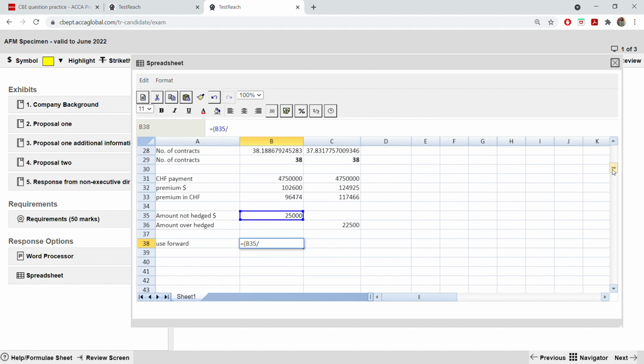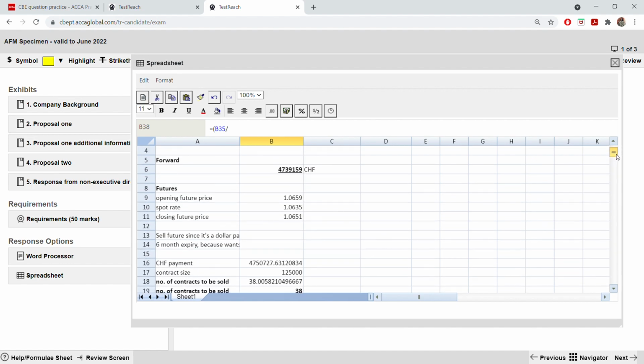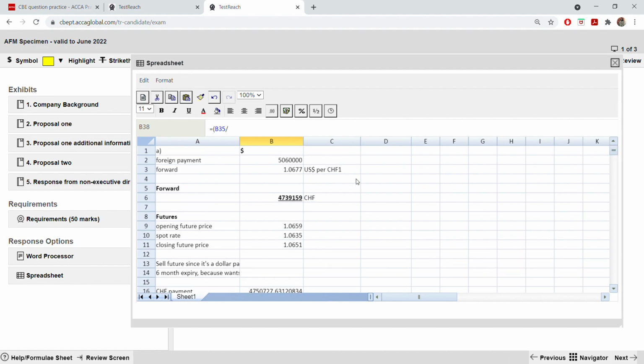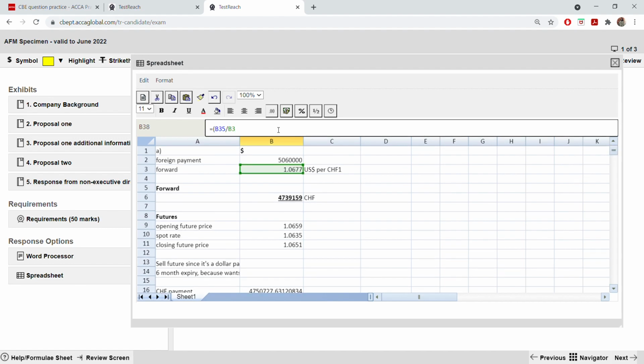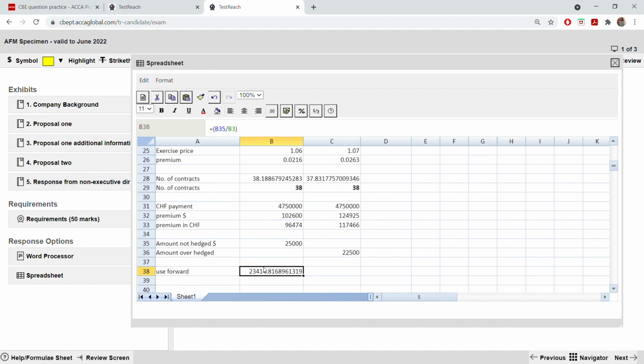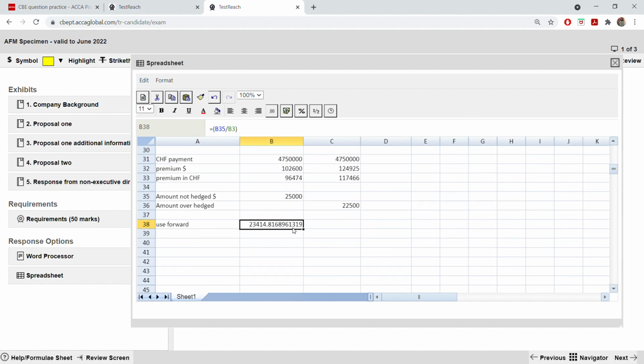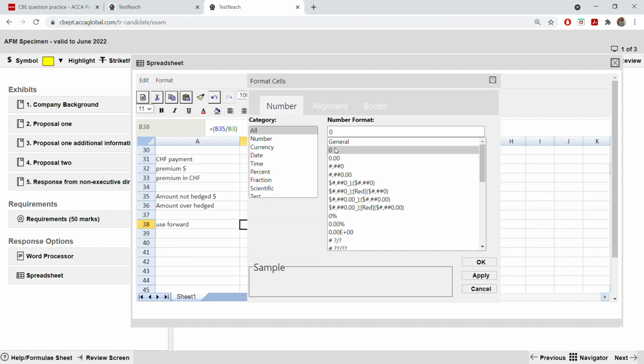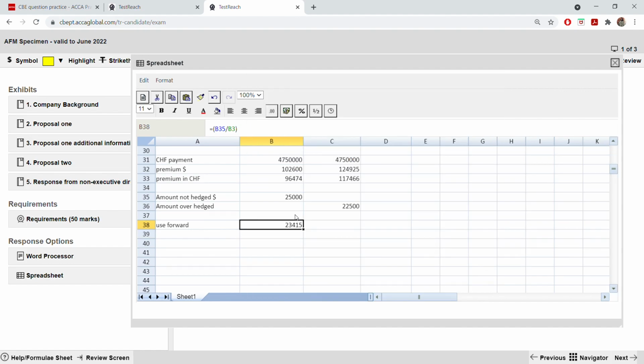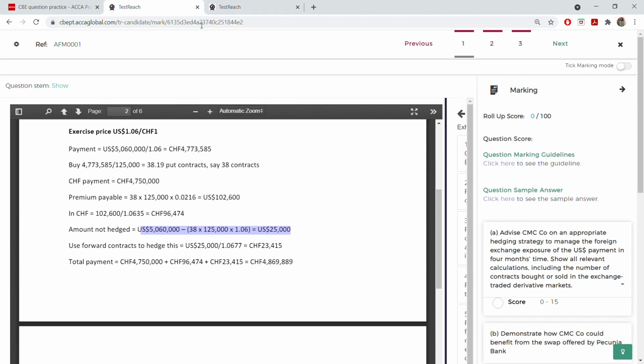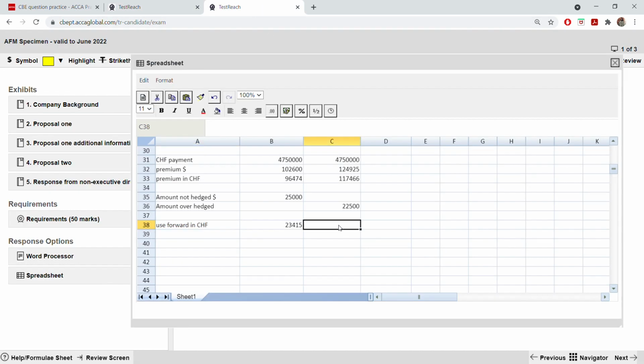If you remember the forward rate, just write it. If not, then go up and use this rate. Simply close bracket, enter, and forward cell this. Okay, 23,415. This is in Swiss franc. Currency has to be very clear.